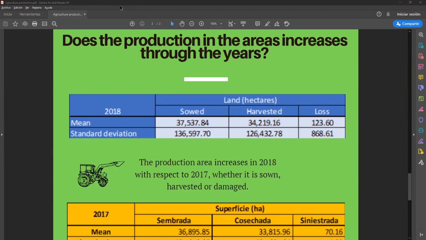And our alternate hypothesis is that the production area decreases in 2018 with respect to 2017. Here you can see all the data from each year, and we used Minitab to do this test. We obtained that since the p-value is higher than alpha, we can conclude that the production area increases in 2018 with respect to 2017.